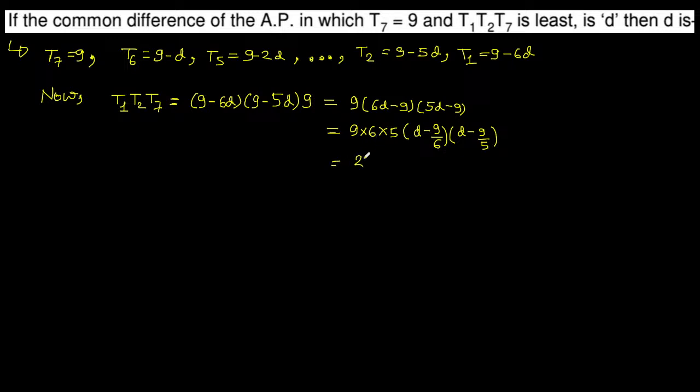This is 270. It is D square minus 9 by 5D minus 9 by 6D plus 81 by 30.